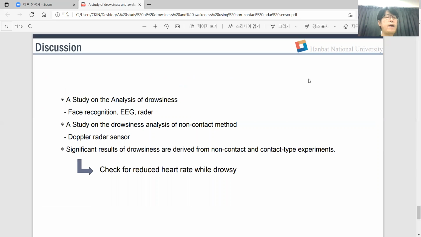Now, let's summarize what we have presented so far. Various studies have been conducted to detect drowsy driving, including facial recognition, EEG analysis, and radar methods. But some point out that it is a technology of a transitional nature. If self-driving technology improves in the future, the driver's condition will not affect safety.